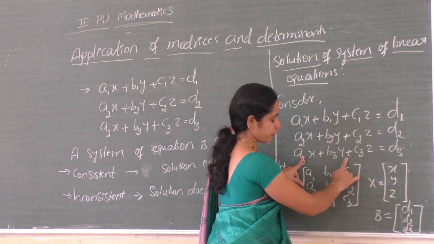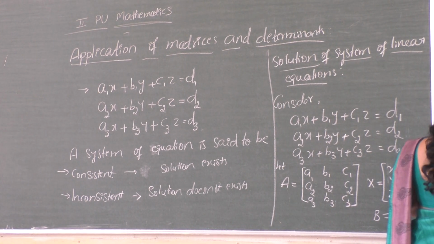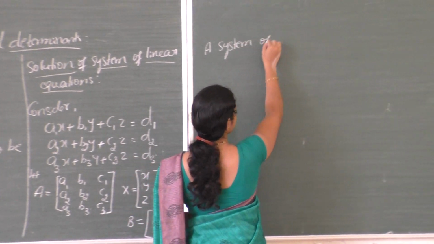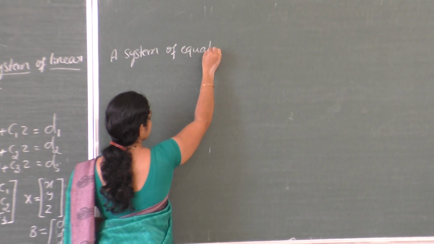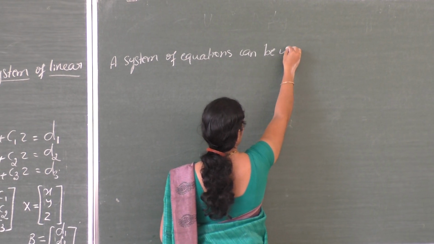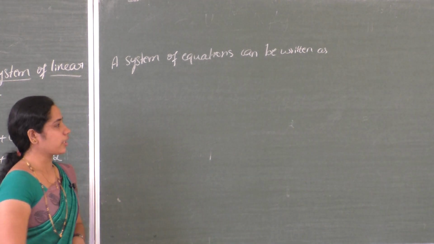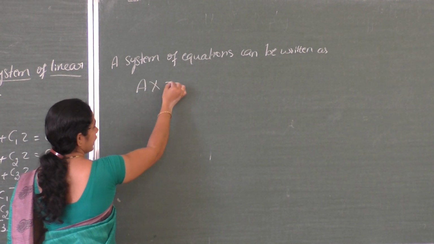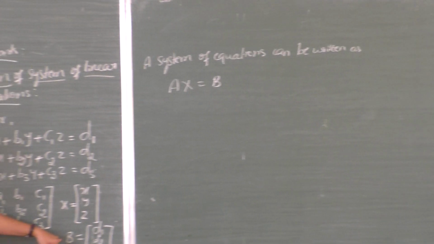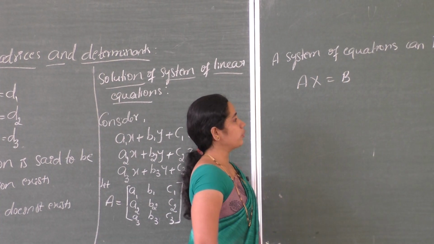So this system of equations can be written as AX equal to B. A into X is equal to B.